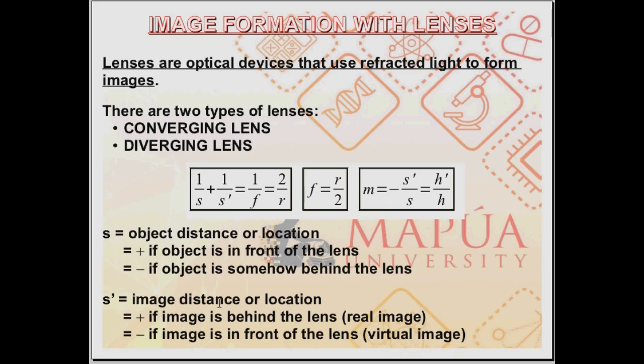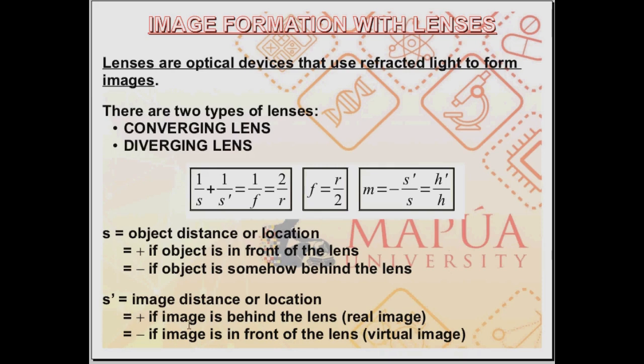s prime is still the image distance, or location with respect to the optical device, in this case the lens. This time, we are talking about refracted light. The light passes through the lens, so the refracted light is behind the lens. The image that should be formed should be behind the lens.